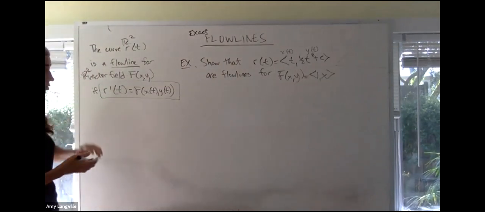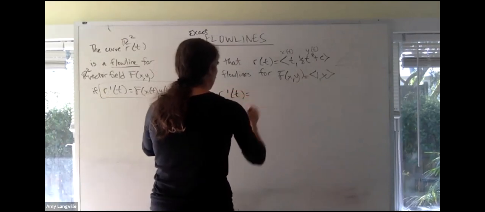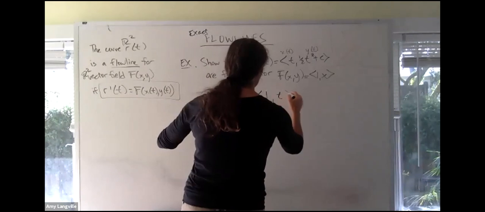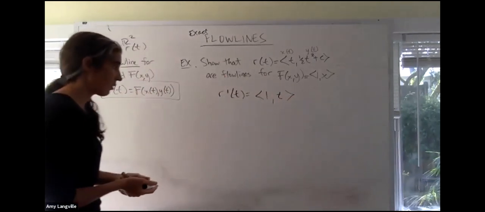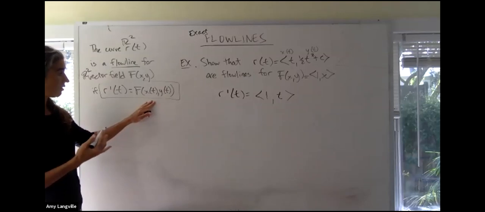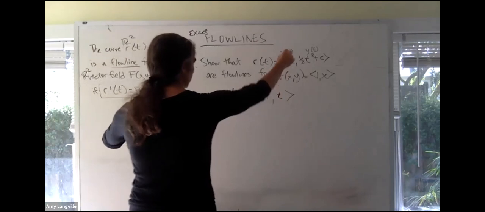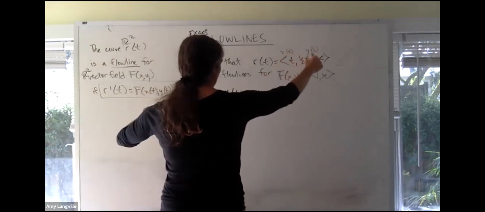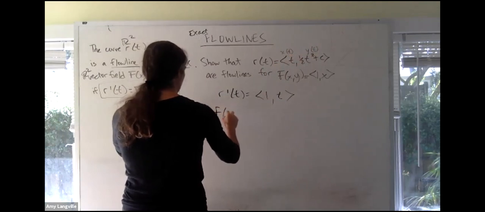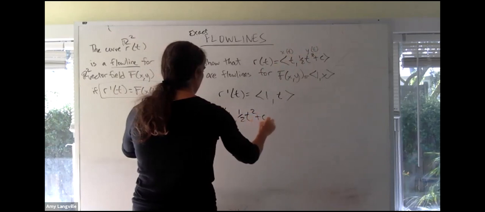So we have to take the derivative of our plane curve, (1, t), and then we have to see what happens. So that's the left-hand side. Now the right-hand side, what is F of x of t, y of t? Well, x of t is t, y of t is 1/2 t squared plus c. So it's really saying what is F of t, 1/2 t squared plus c.